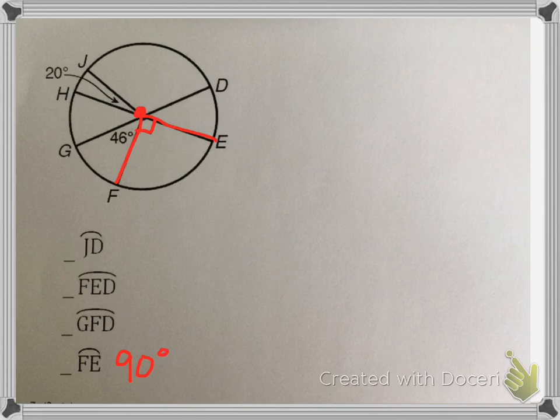Another thing that I can see right off is that GD is a diameter. It's right through the middle. So arc GFD is 180 degrees.